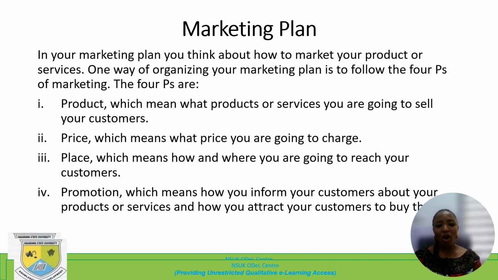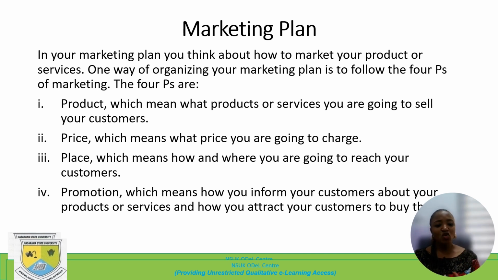So we said one way of organizing your marketing plan is to follow the 4 P's of marketing. Oh, I love these 4 P's of marketing. The 4 P's of marketing are product, price, place, and promotion. Product means what product or services you are going to sell to your customers.